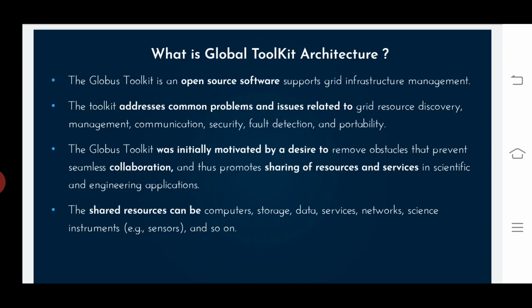The Globus Toolkit was initially motivated by the desire to remove the obstacles that prevent collaborations, and thus promote the sharing of resources as well as services in scientific and engineering applications.